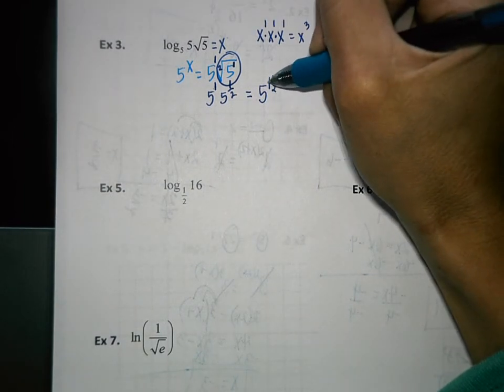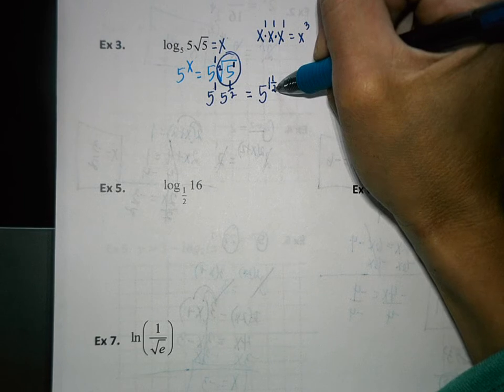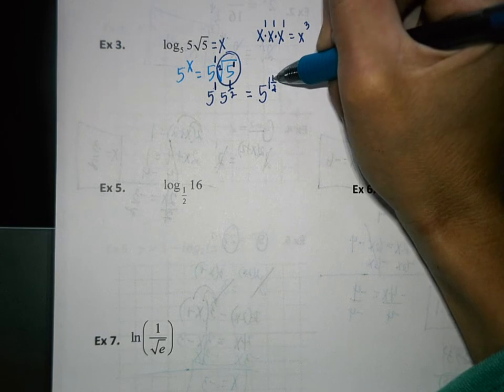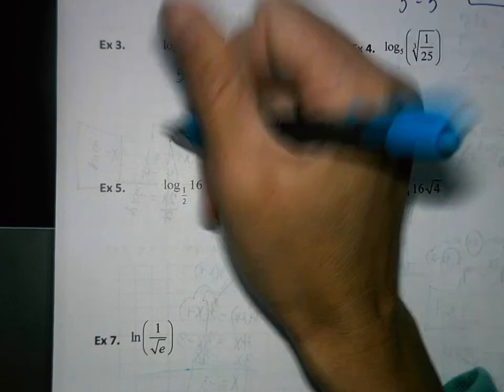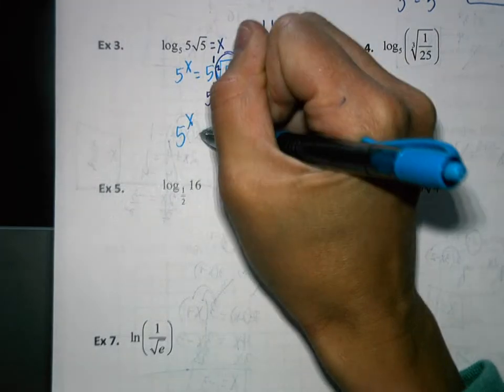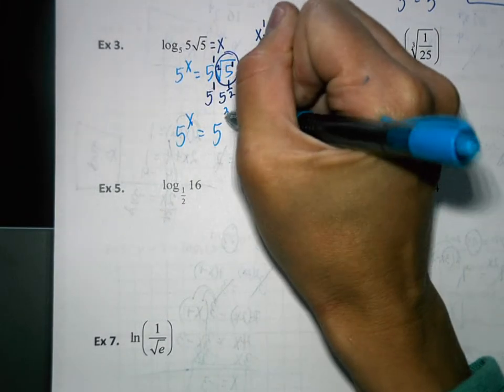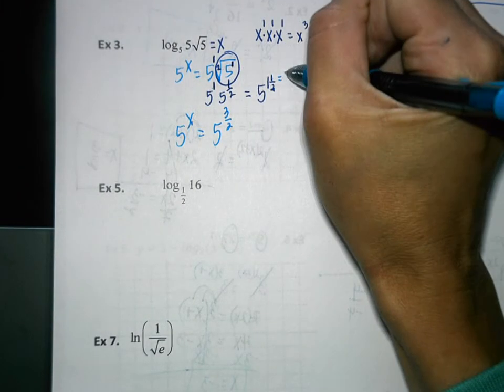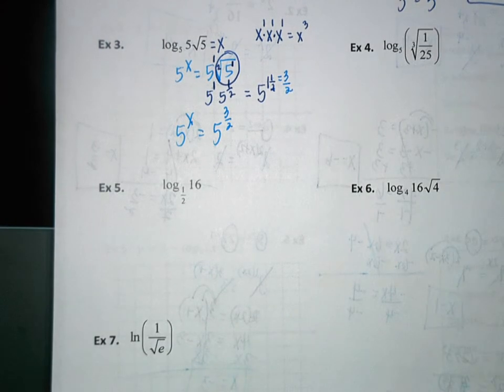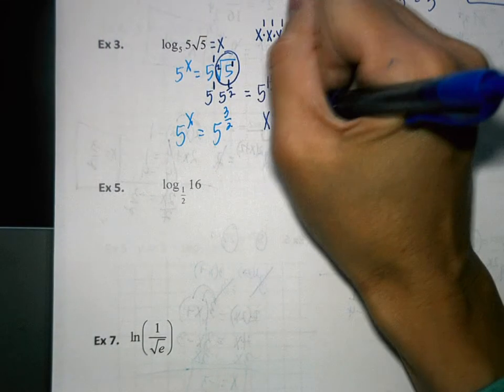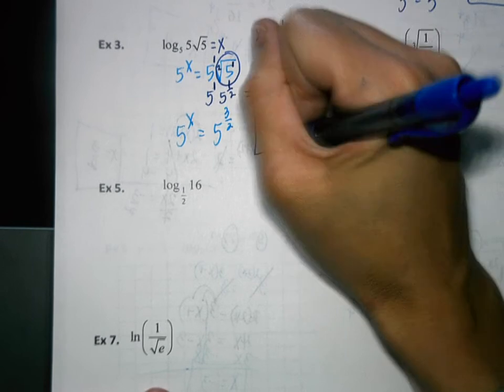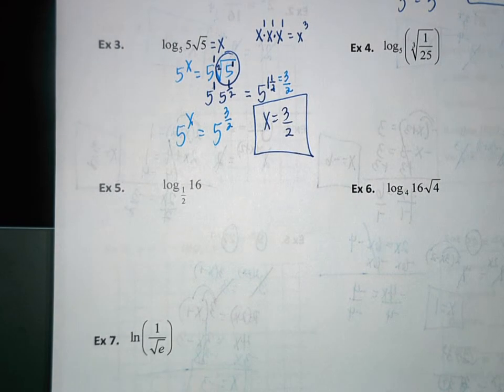So 1 times 2 is 2, and then you add the top, which is 3, and you keep it over the same denominator. And so we end up with 5 to the x equals 5 to the 3 over 2. 1 1/2 is the same as 3 over 2, which means my answer is 3 over 2. Do you have questions for me on example 3?